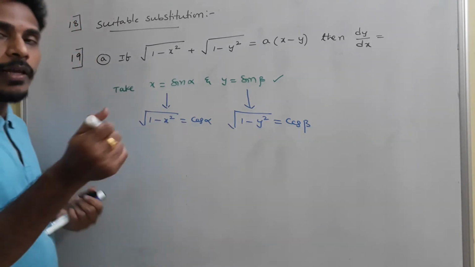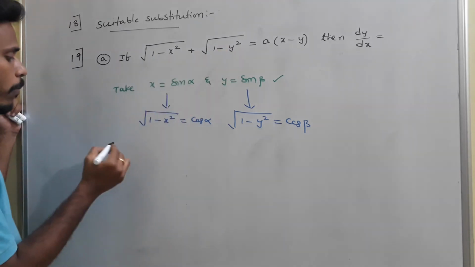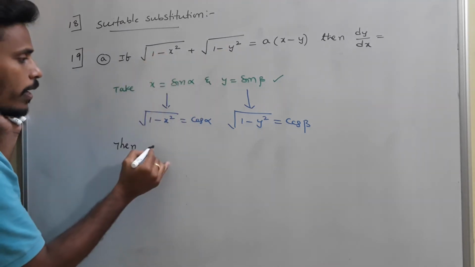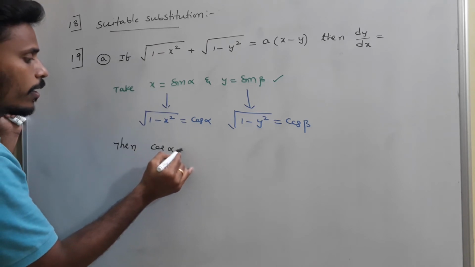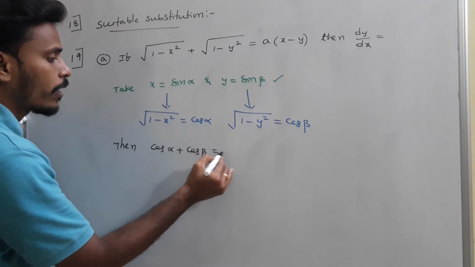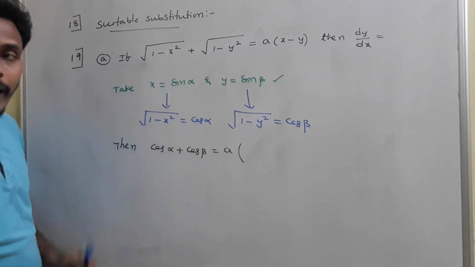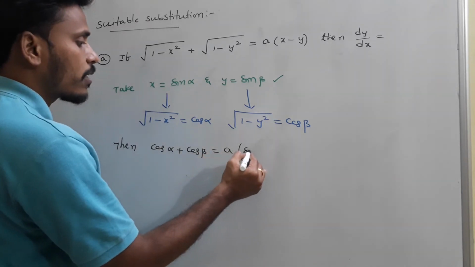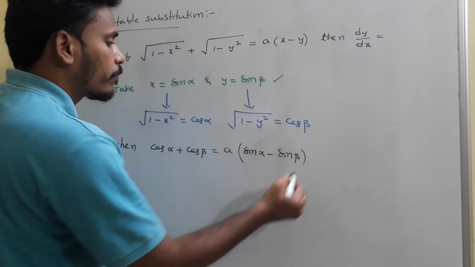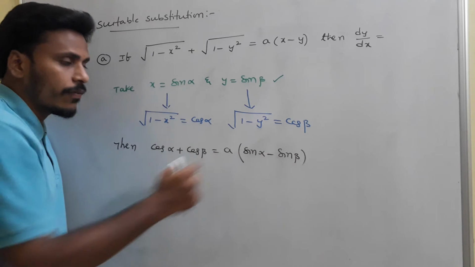You need to rewrite the given problem in terms of alpha and beta now. Cos alpha plus cos beta is equal to a into, x is sin alpha minus y is sin beta. This is simply the given problem.